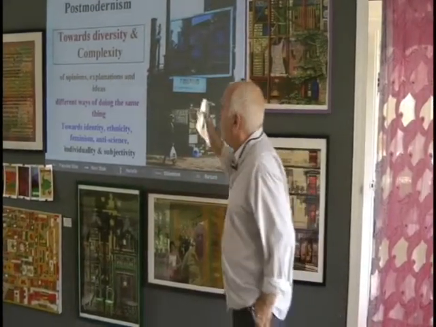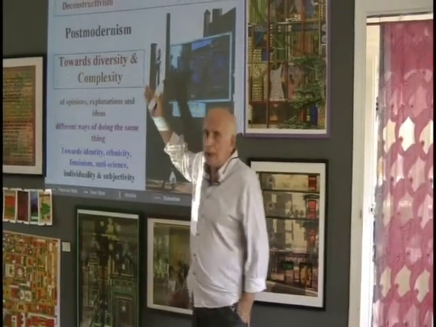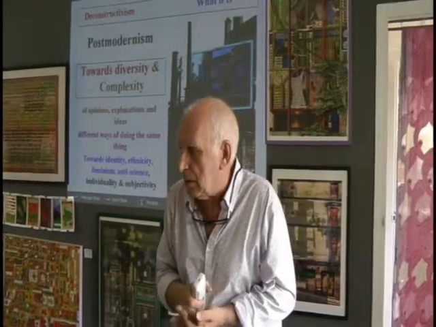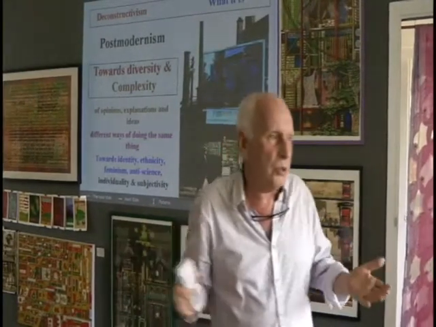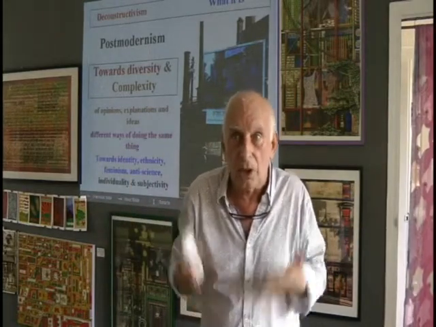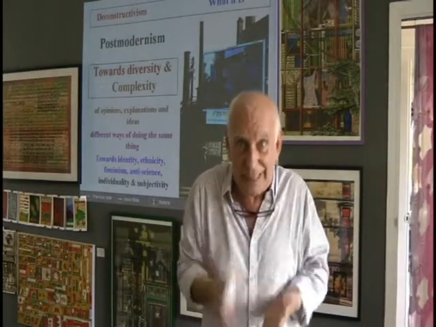And in this case, what we have then is postmodernism attempting, and we will see how, to move towards a reflection of diversity, okay, and complexity, right? In other words, there are more kinds of lifestyles, more kinds of people, more kinds of fashion approaches, architectural approaches. There's more to life than this, right? There's lots of different ways of saying the same thing.